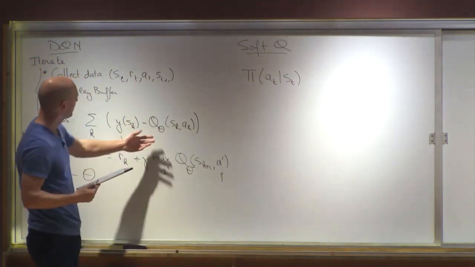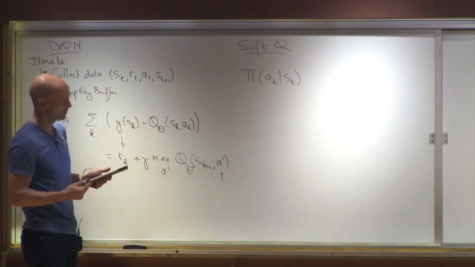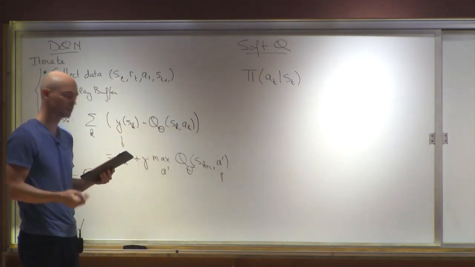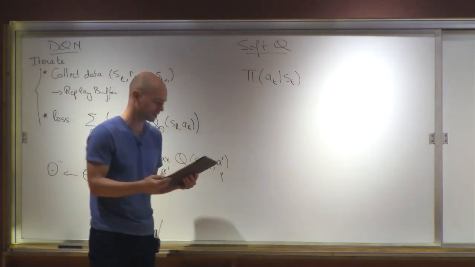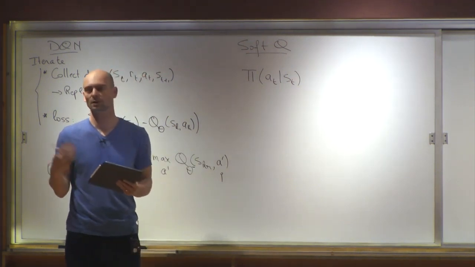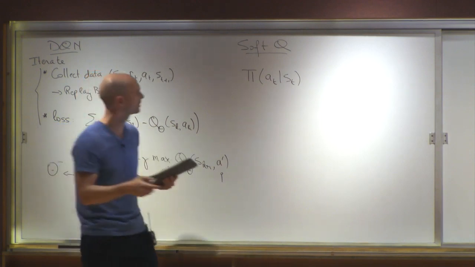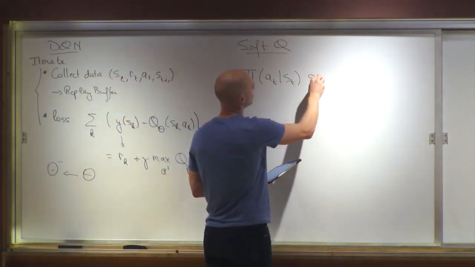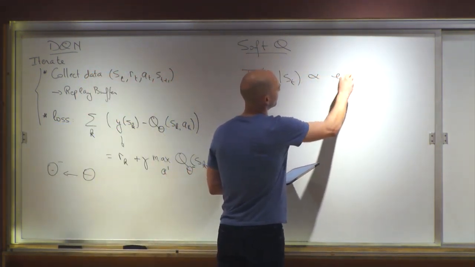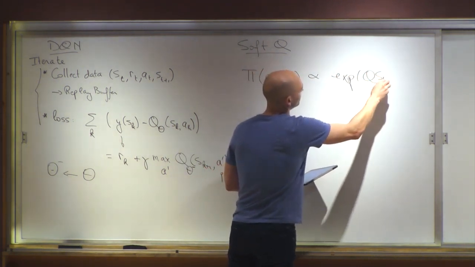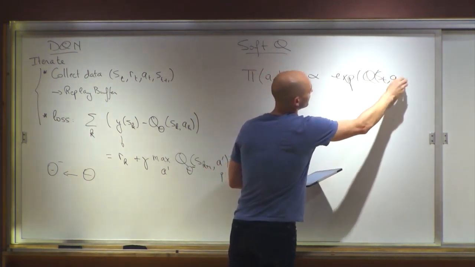Now, what might be the way to get a policy if you have a Q network? Well, one way is to say what we really want is the maximum entropy policy corresponding to the Q values, and we know what that is from an earlier lecture: a policy that's proportional to exp Q(s_t, a_t).